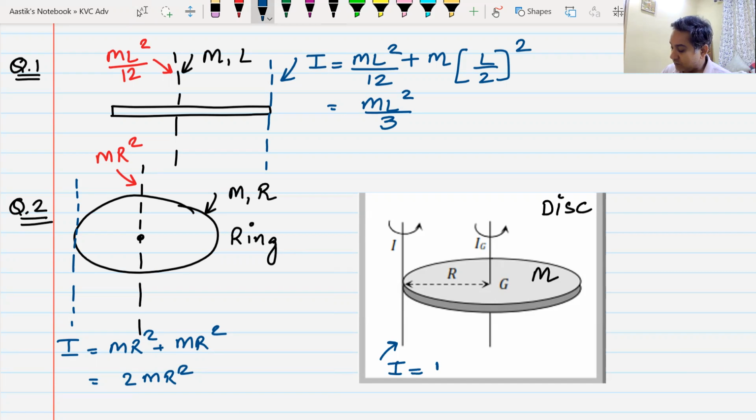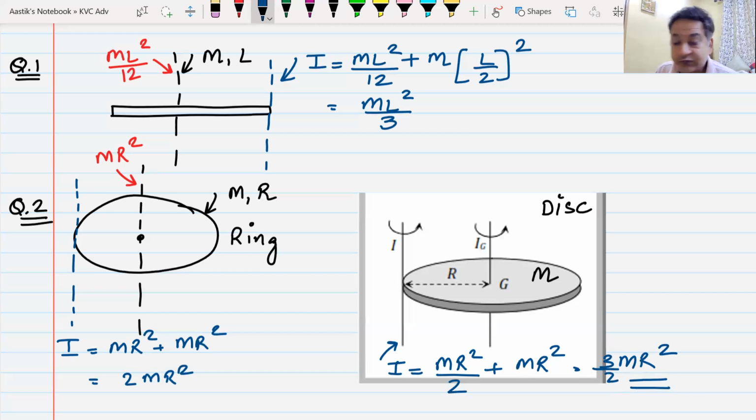So how will you find it out? You will add the moment of inertia about the center of mass, which is mr square by 2, and again add mr square. You will end up with the answer 3 by 2 mr square. Do we understand this? Yes, sir.